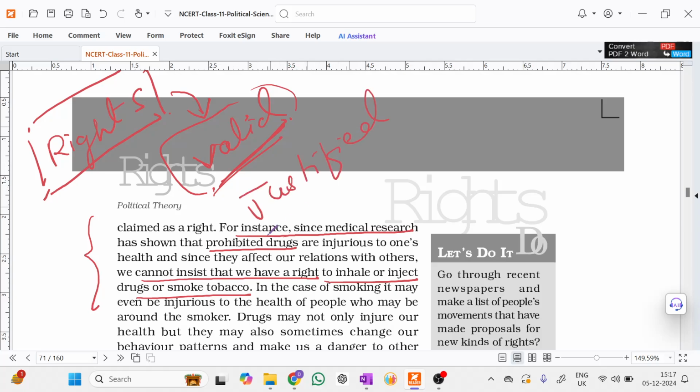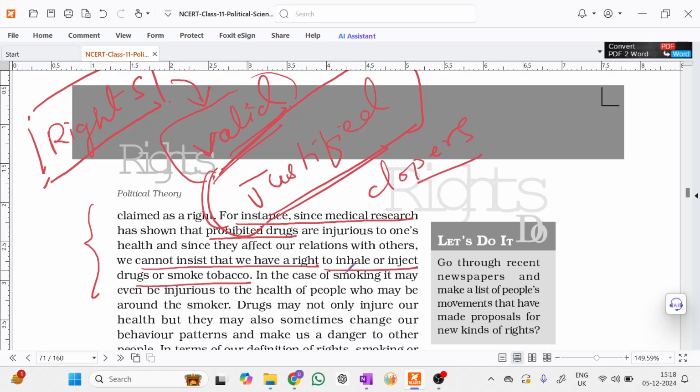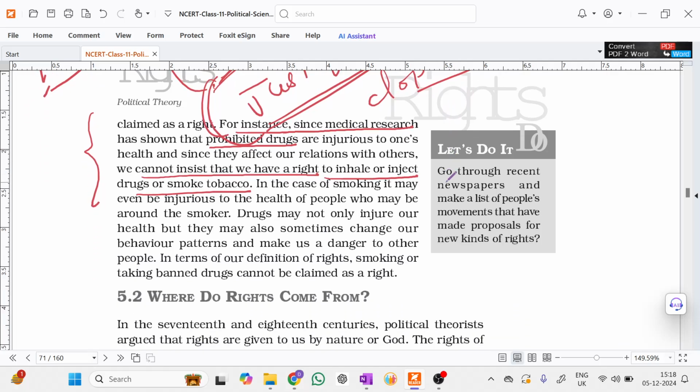It should not happen that one day, just because a lot of people are smokers or dopers, they give a right to take drugs or to inhale or smoke tobacco and make it a right. It should not be there.